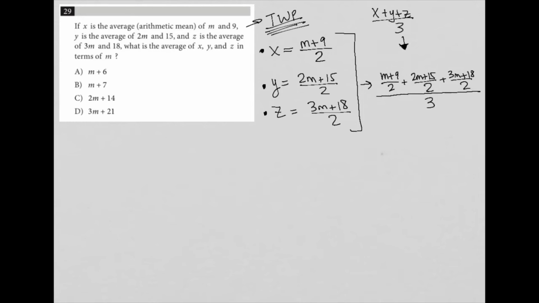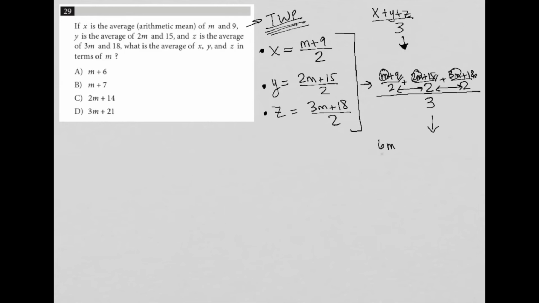So if you simplify this, what you'll see is that all the fractions in the numerator have a common denominator of 2, which means I can just combine those fractions together. The numerators have like terms, right? m, 2m, 3m, 9, 15, 18.